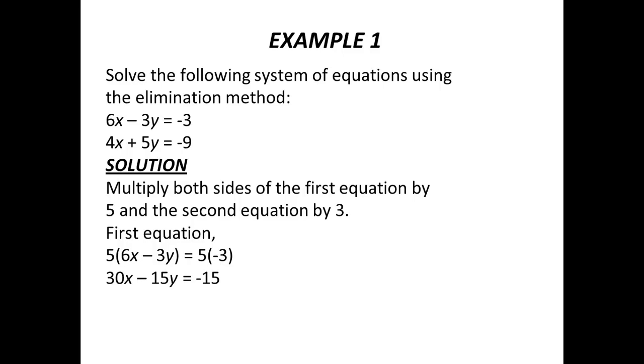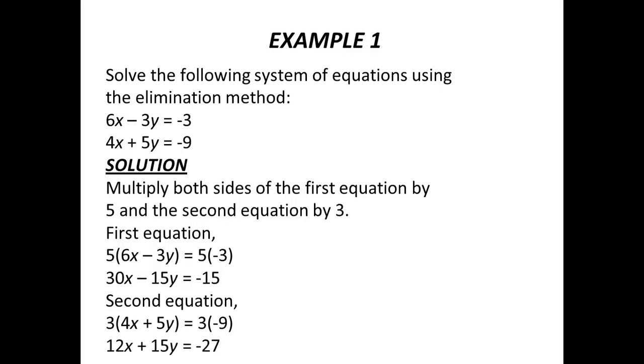That gives us 30x minus 15y equals negative 15. Second equation, we multiply that through by 3. This gives us 3 times the quantity 4x plus 5y equals 3 times negative 9, leaving 12x plus 15y equals negative 27.